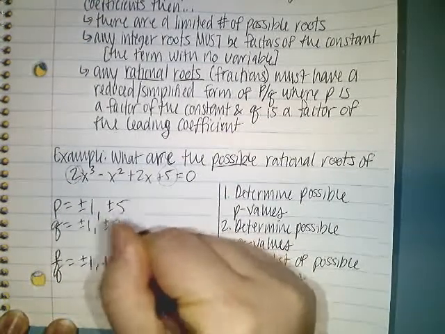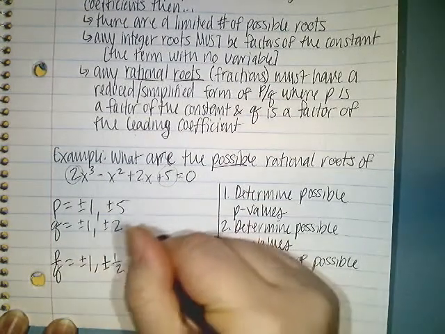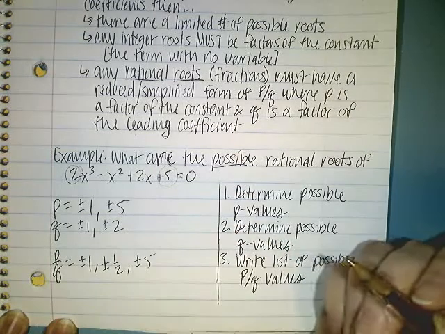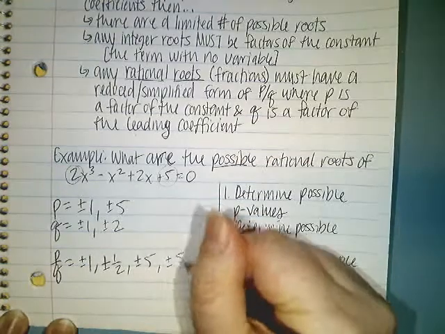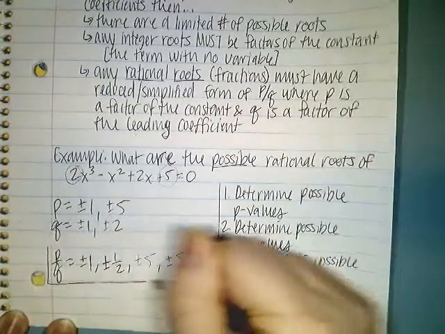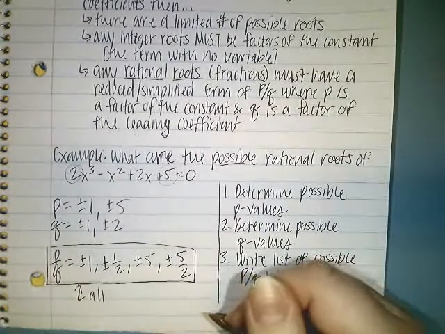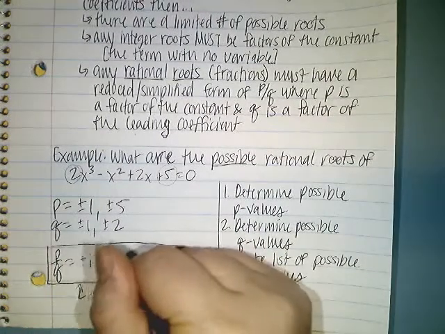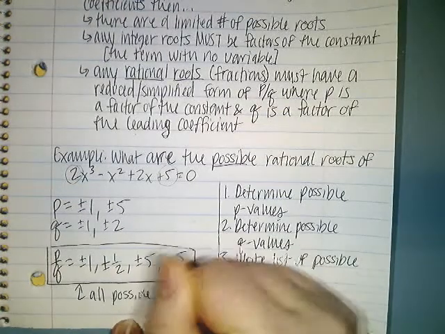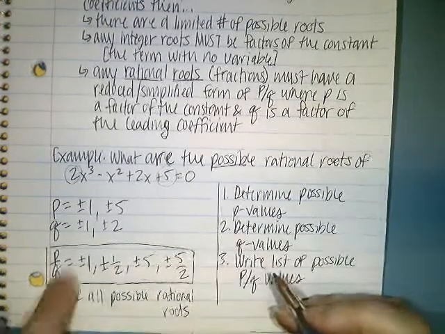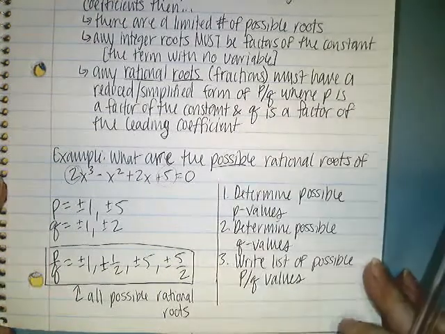It could be plus or minus 5 over 1, which is just plus or minus 5. And then plus or minus 5 over 2. So this would be our answer. These are all of our possible rational roots for this polynomial based on the rational root theorem.